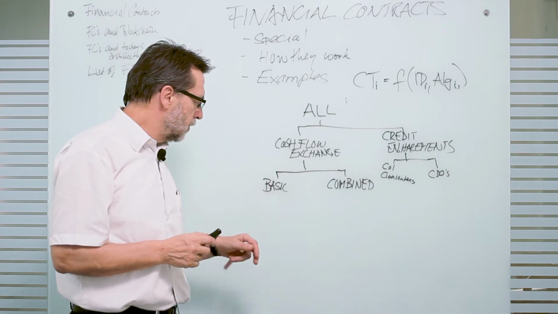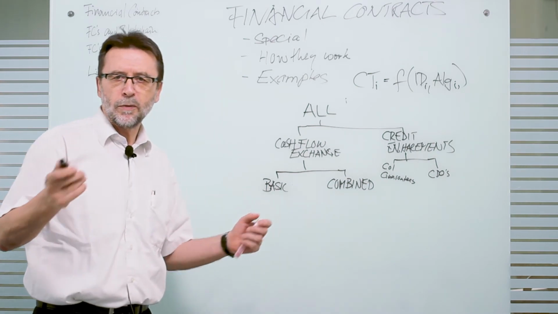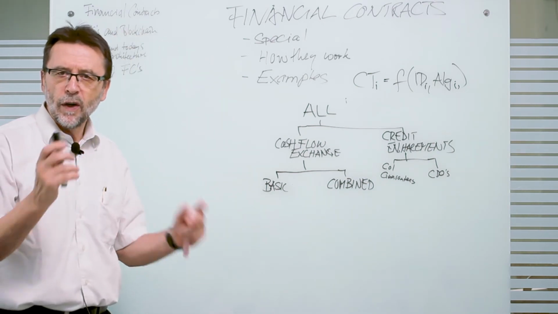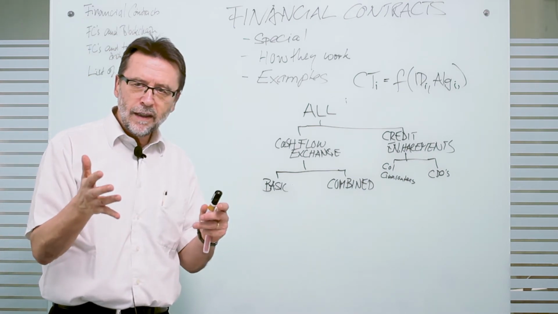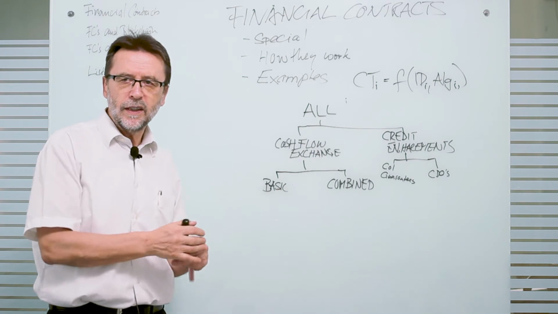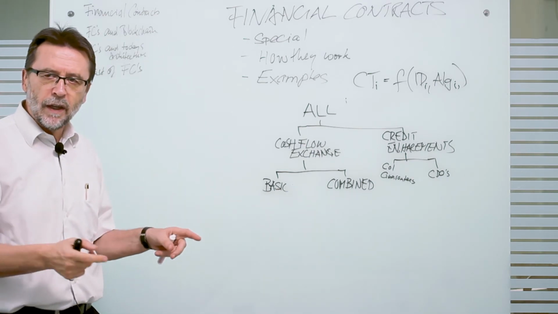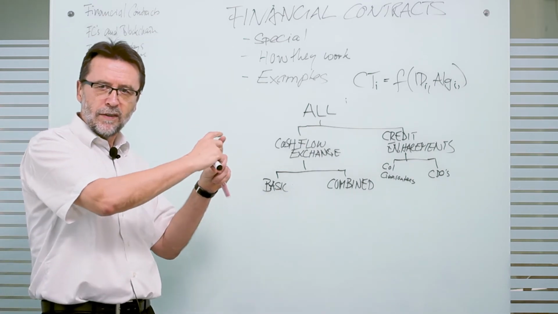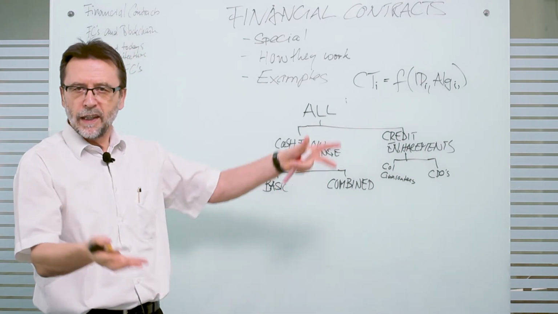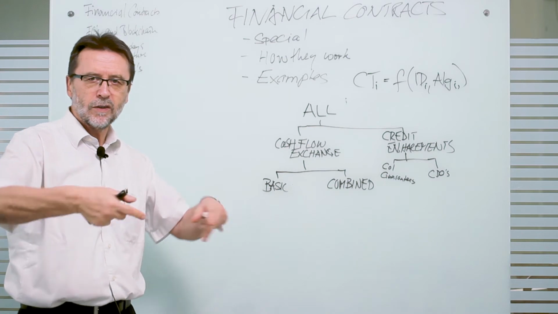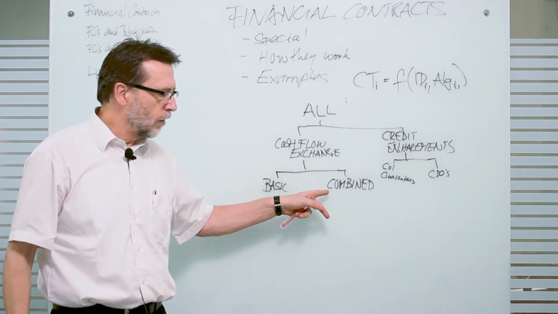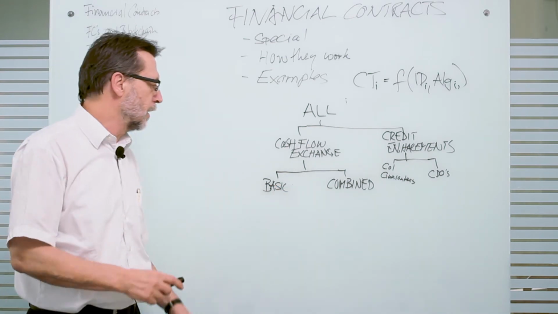Basic contract is what you generally know from your experience with banks. If you have a loan, that is a basic contract. A combined is a combination of such basic. From our previous example, the PAM was a basic contract, and the swap where we exchanged two with each other, that was a combined. And we also often call them derivatives.